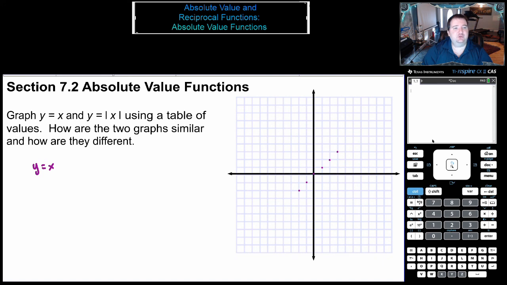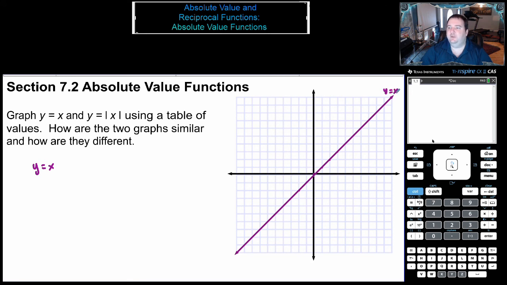We go all the way up to this corner, and then down to this corner. You can see it goes through all those points, and there's our function, y equals x.